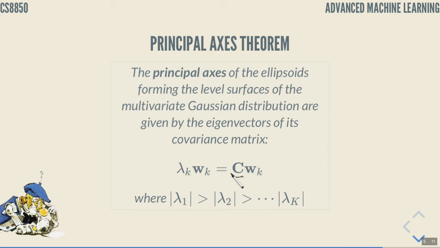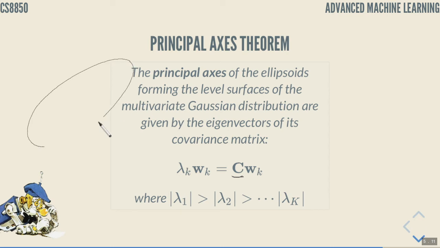This is the covariance matrix of a Gaussian distribution, and principal axes are eigenvectors. And as usual, we sort our eigenvalues in descending order and place the corresponding eigenvectors in correspondence to those eigenvalues.